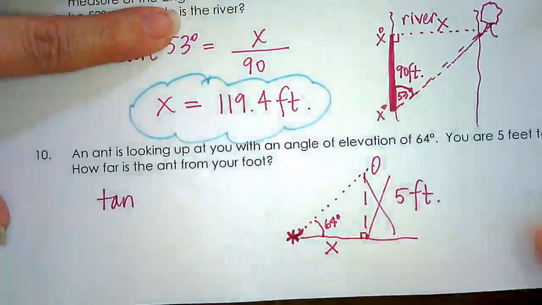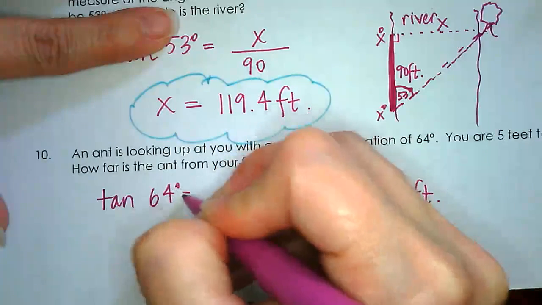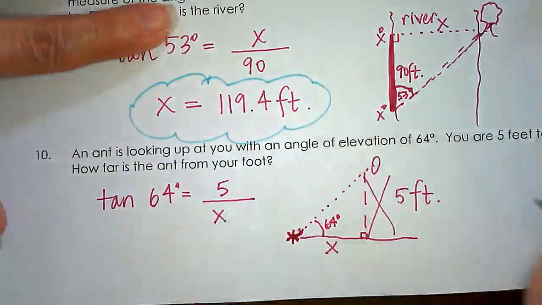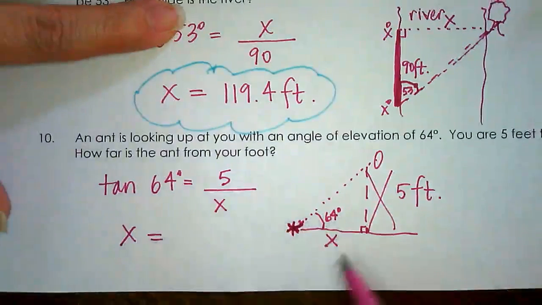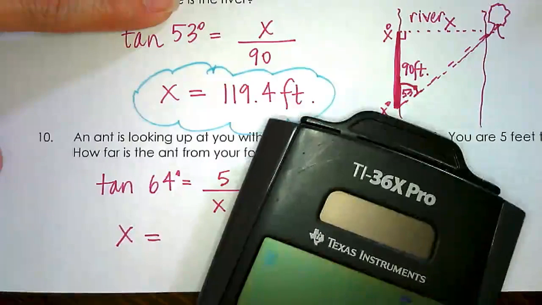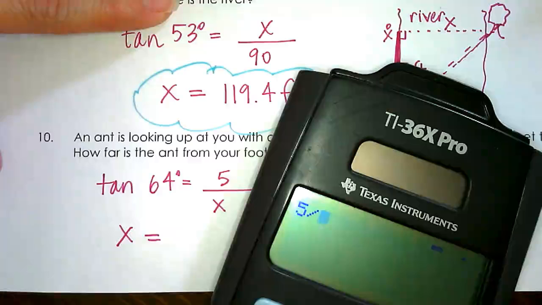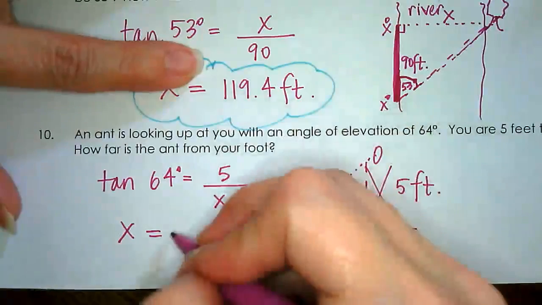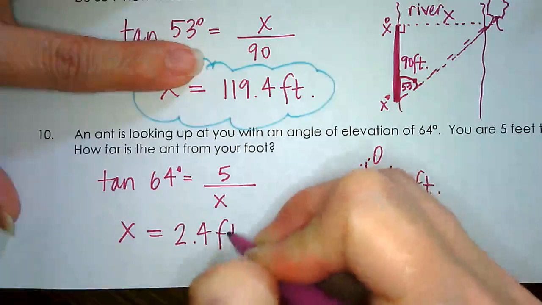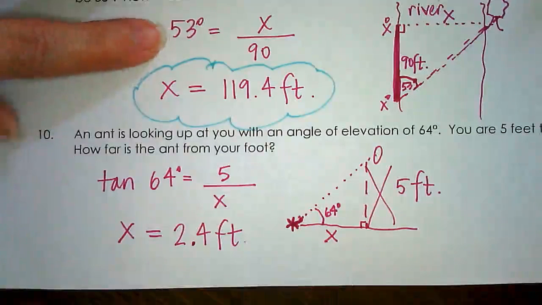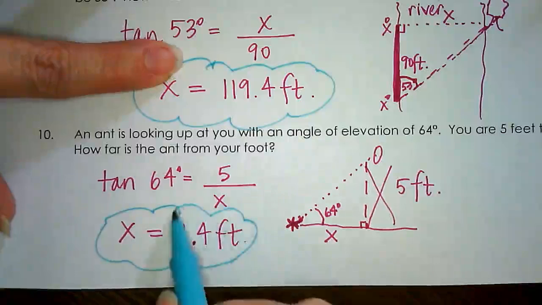The tangent of 64 degrees is the opposite over the adjacent. To get this answer, we need to switch these two. So I need to do 5 divided by the tangent of 64. And it looks like 2.4 feet away. So the ant is 2.4 feet from your foot.